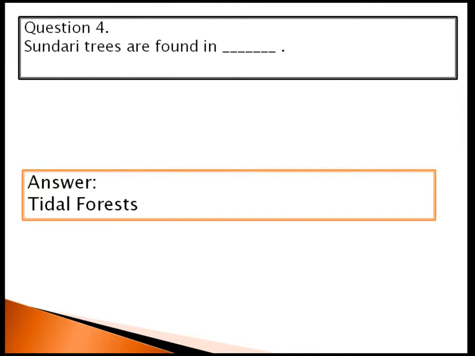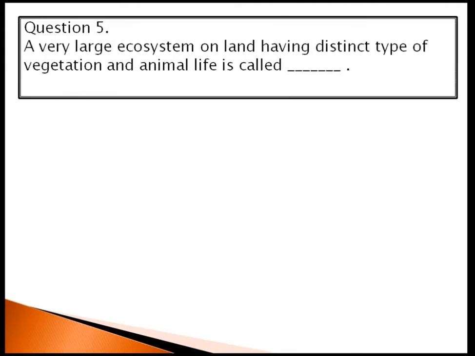Question number 5. A very large ecosystem on land having distinct type of vegetation and animal life is called dash. So read the question properly.